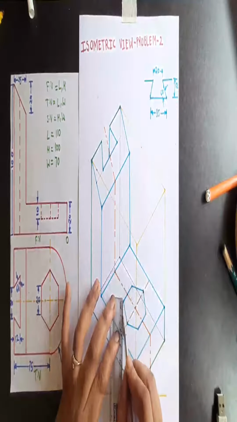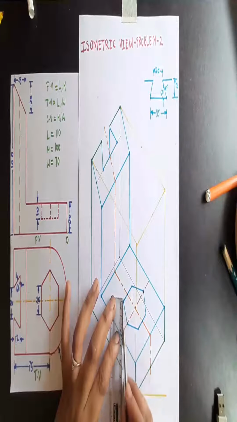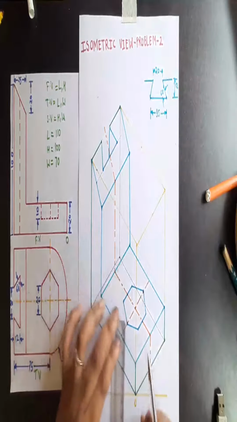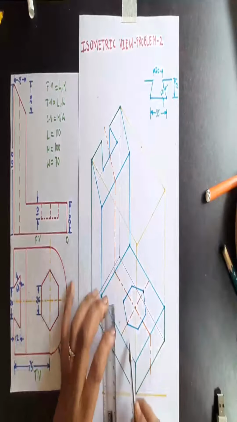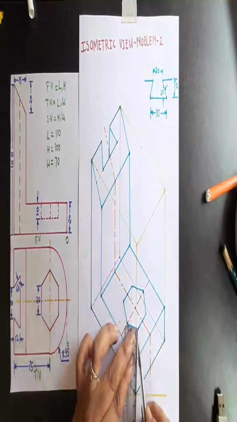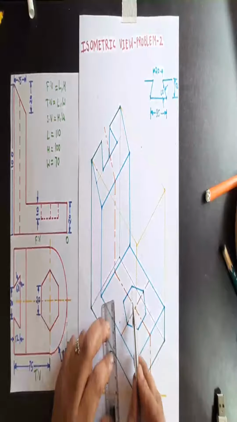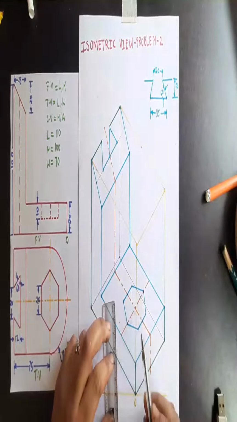And from here you can see that if I draw a 10 mm height, what will happen? It is going behind this surface. Similarly, if I draw it from here, again it is going behind under that surface. From here also it is going under the surface. From here also it is going under the surface. So only these two heights will be visible.